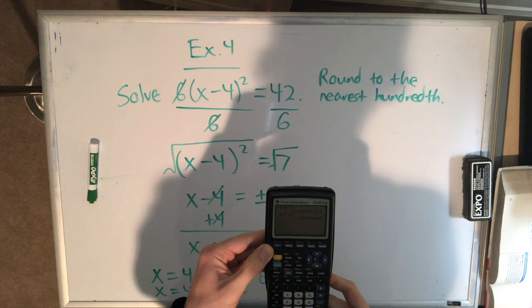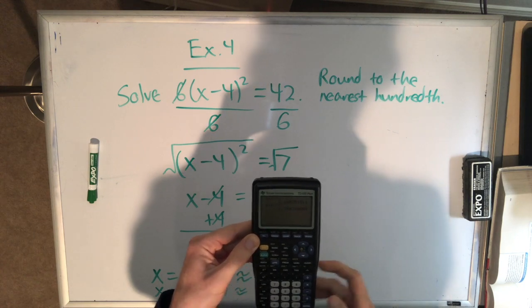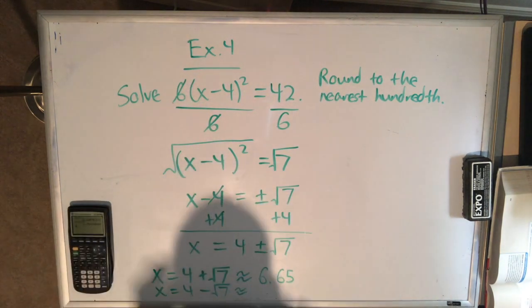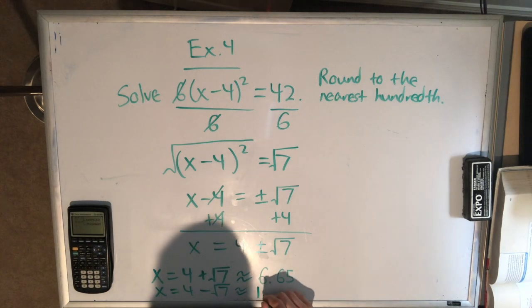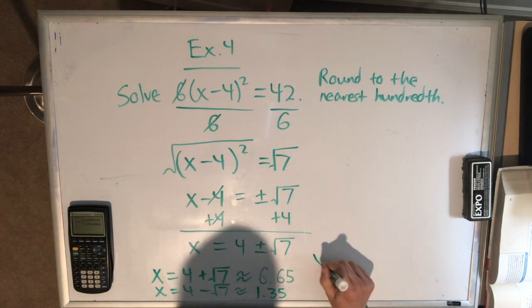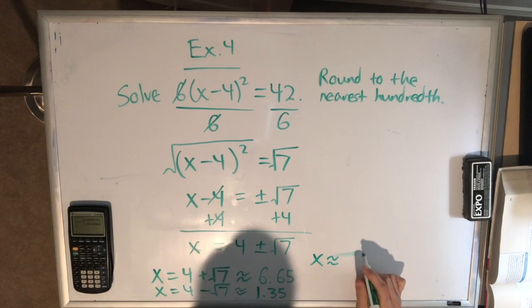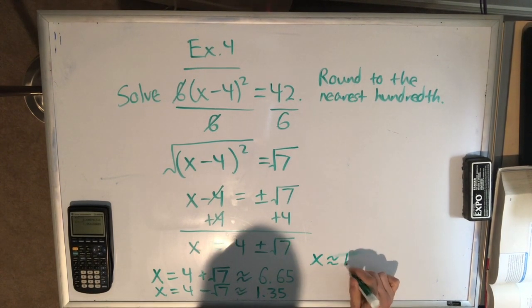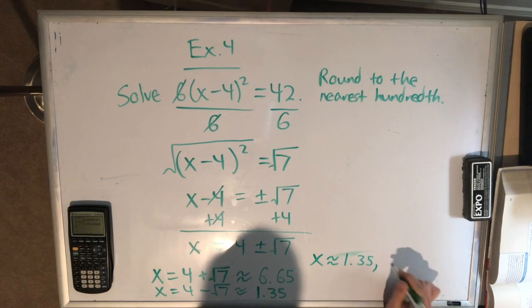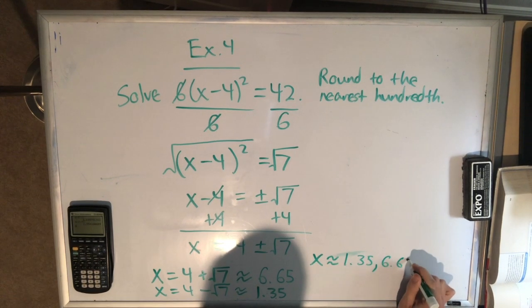That's 1.35 when rounding to the nearest hundredth or the second decimal place. So our solution is x is approximately equal to 1.35 or 6.65.